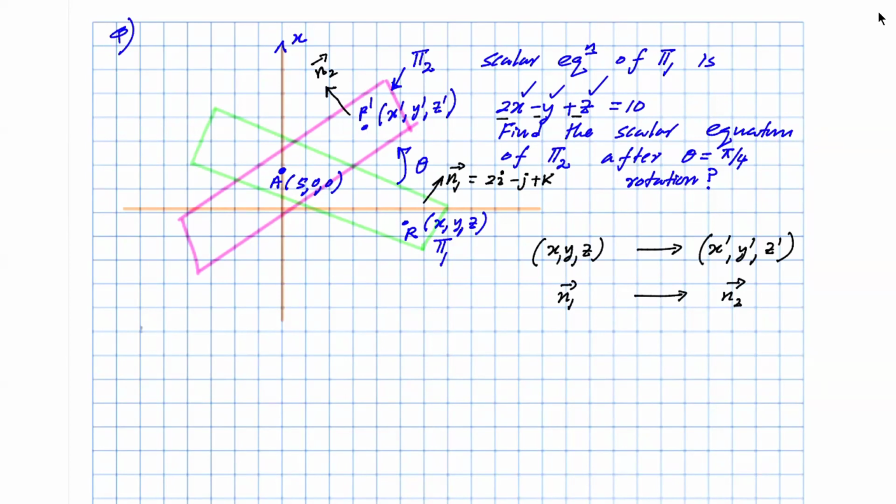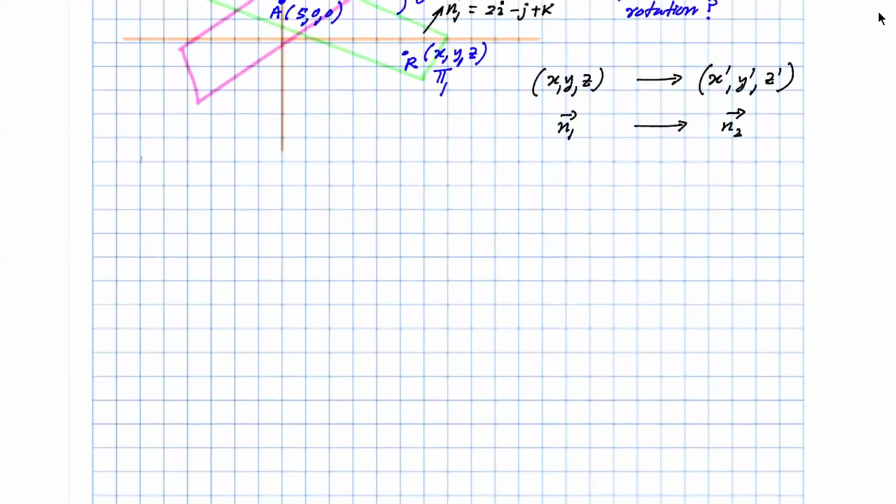Right? So that's all. So now you have to use the rotation matrix. What is the rotation matrix now? That would be R theta, pi divided by 4. That would be 1, 0, 0; 0, cos theta, which is 1 divided by square root 2, minus 1 divided by square root 2; 0, 1 divided by square root 2, 1 divided by square root 2.